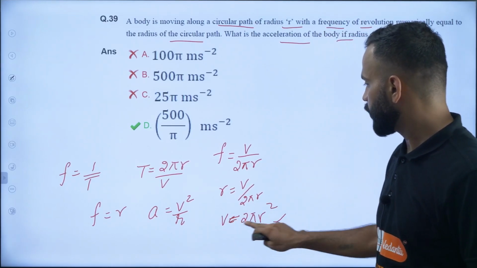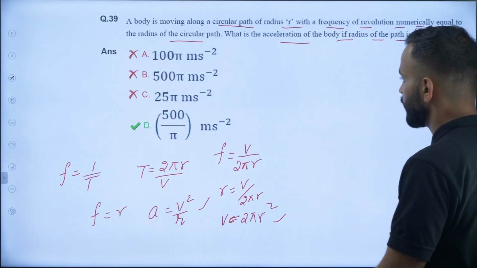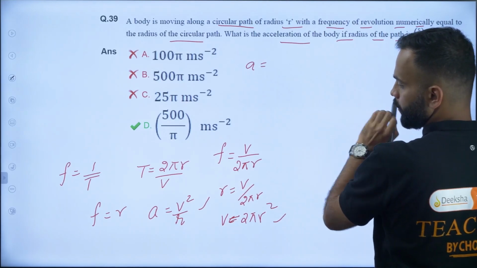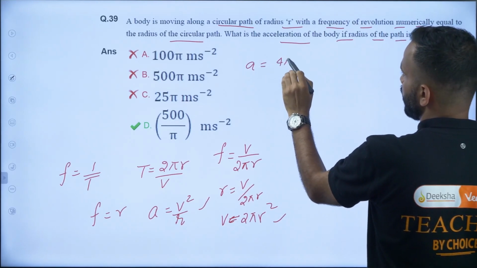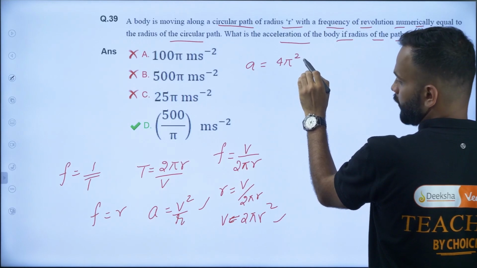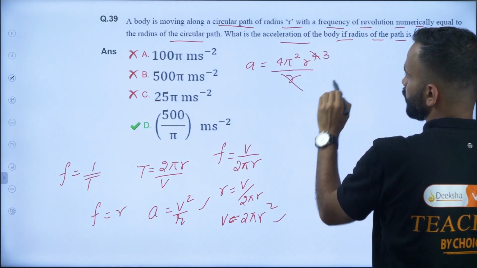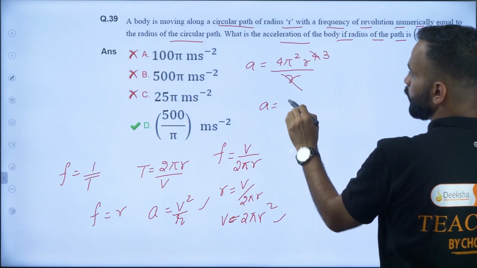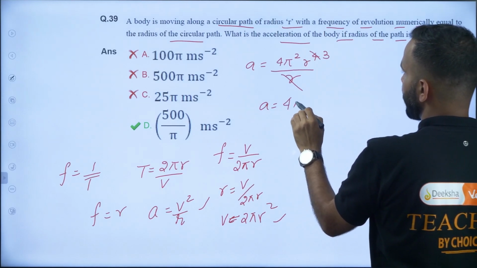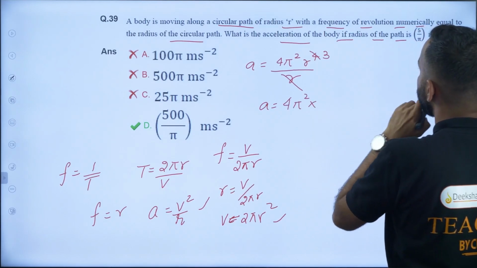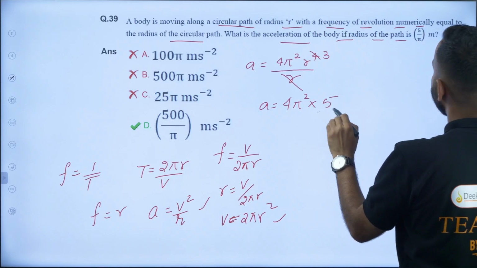Now substitute the expression of v into this equation. So a is equal to v square, that is 4 pi square into r to the power 4, divided by r, so this will be r cube. So a is equal to 4 pi square into r, with r being 5 divided by pi.